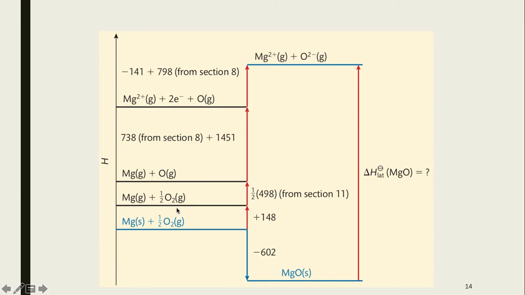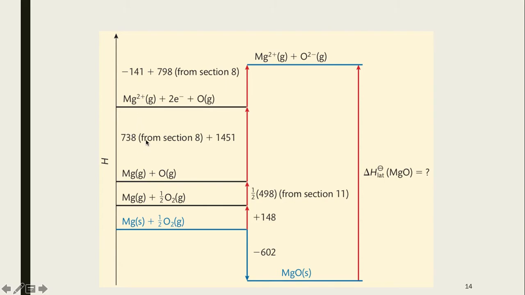Okay, after these first two steps, we now have one gaseous atom of magnesium and one gaseous atom of oxygen. Once we have our atoms, we have to turn them into ions. Magnesium is going to turn into magnesium 2+.